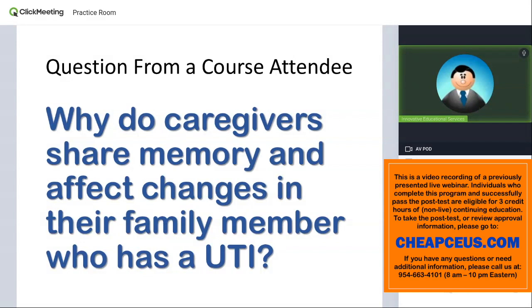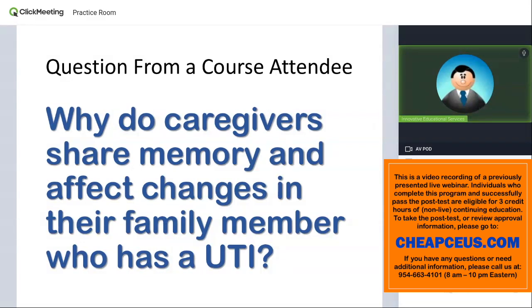Distinguishing those memory changes and affect changes from dementia is important in older individuals. And part of the challenge is that the urinary tract infection in some cases may not have many physical symptoms, or the individual may not be able to effectively communicate if they are having those symptoms.